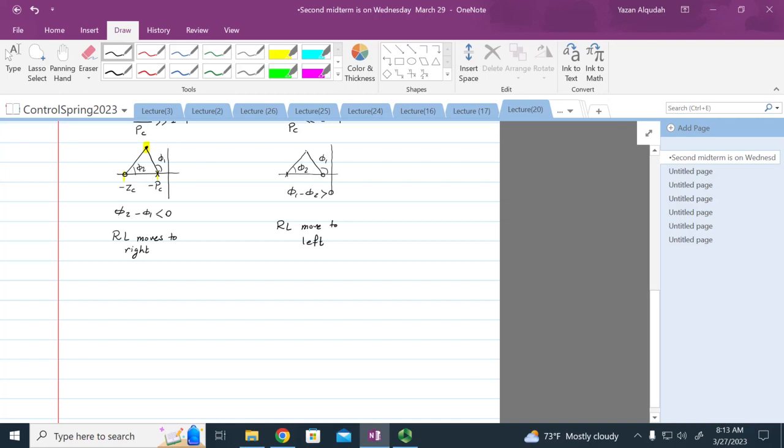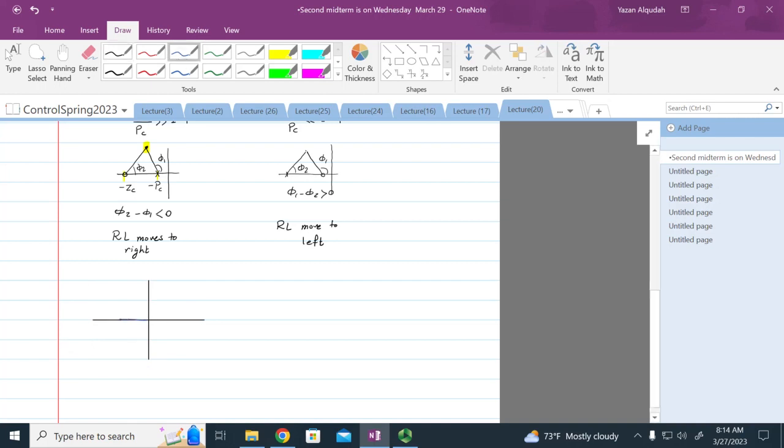Together? Why is it going to move to the right? The location of the pole. No, not very intuitive. So I don't expect anybody to give me a very good answer. I imagine the pole pushes it.